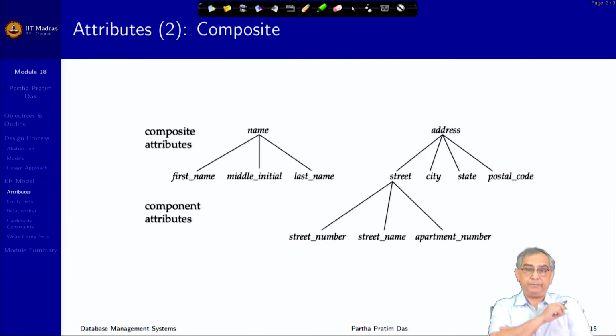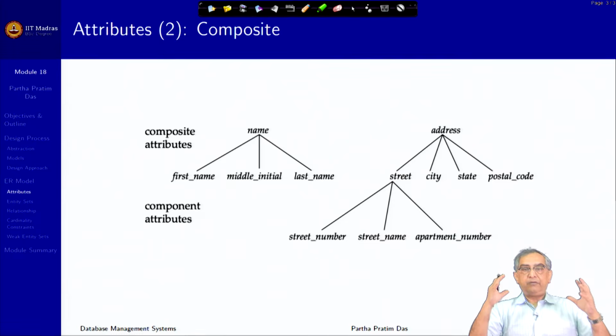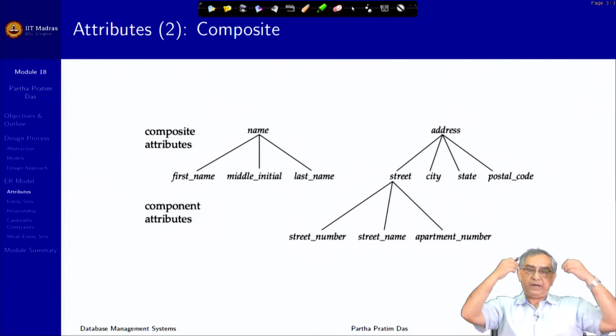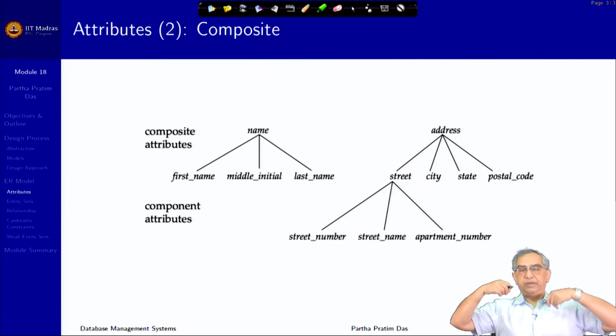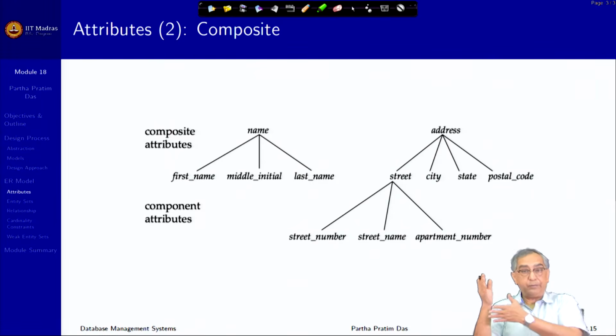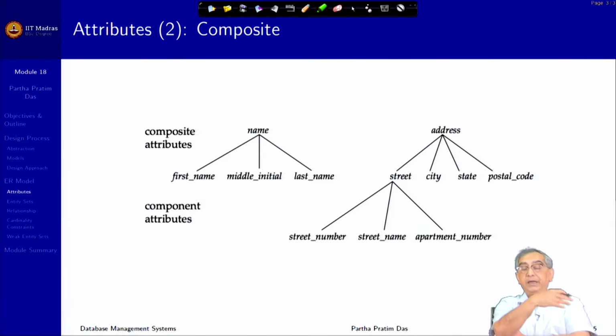For example, name. Typically, in a person's name, there is a first name, there is a last name, and often there is a middle name. Each one of these would possibly be a string, and these three together form the attribute notion of name, because if a name differs in any one of these three, then it is possibly a different name, or we may have rules that in these conditions it is not.